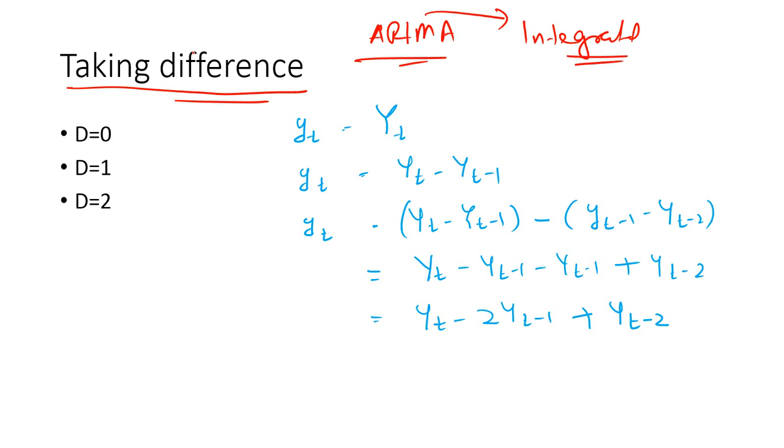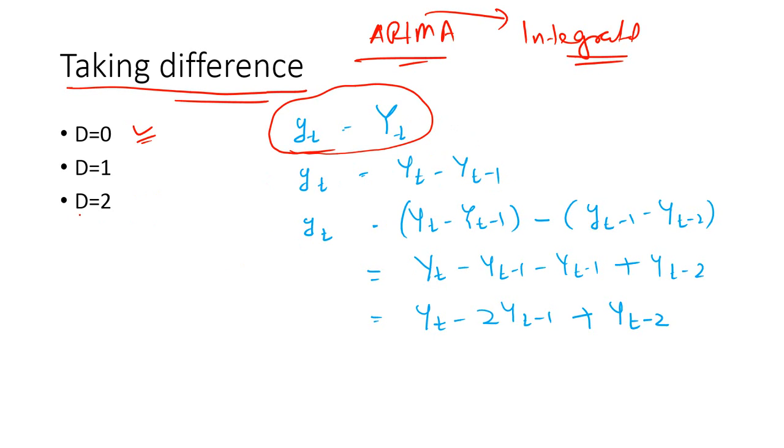When there is no differentiation, the difference series is exactly the same as the one before differentiating, because there is no differentiating happening here. When you take the first difference, it's just the data for the current period minus the data for the first lag period, so yt minus yt minus 1.